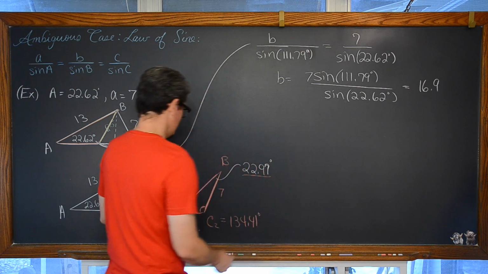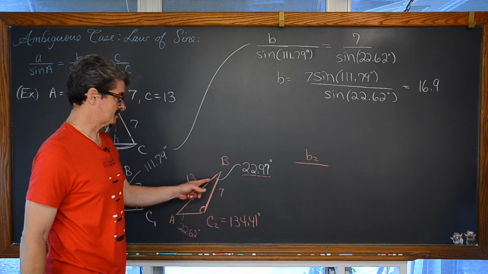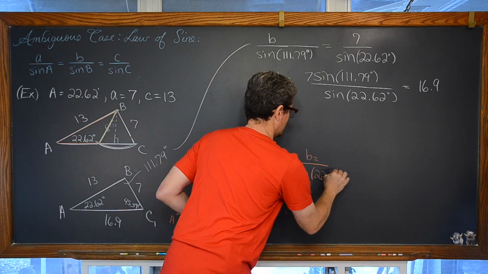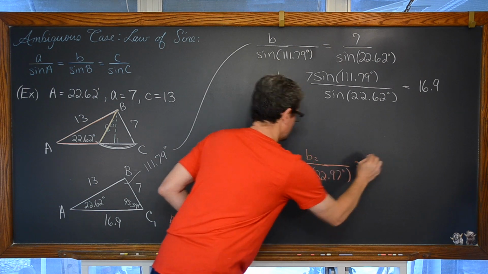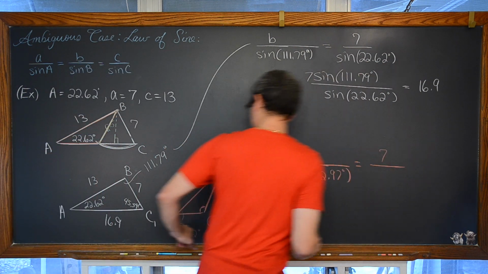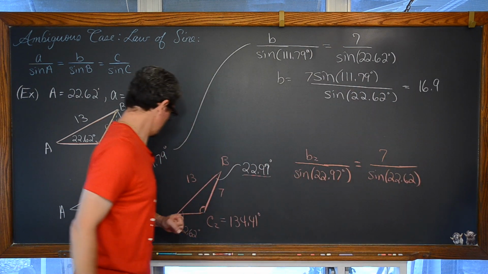We're going to have this new b sub 2 over the sine of 22.97 degrees, equal to, again, 7 over the sine of 22.62 degrees.